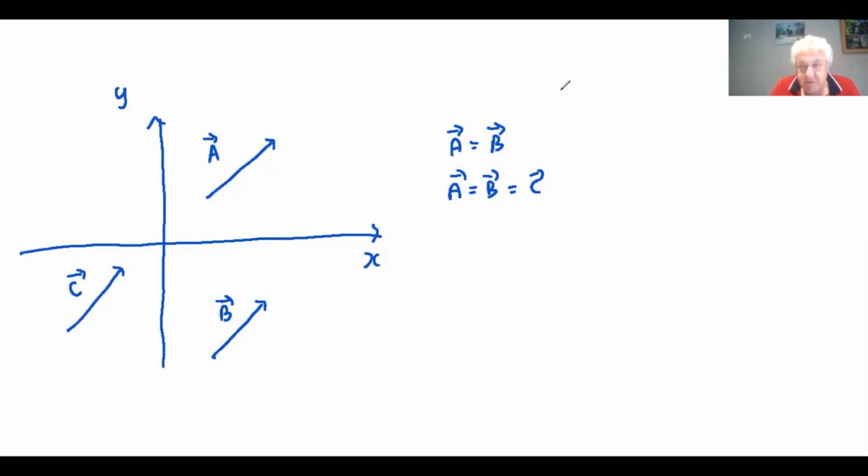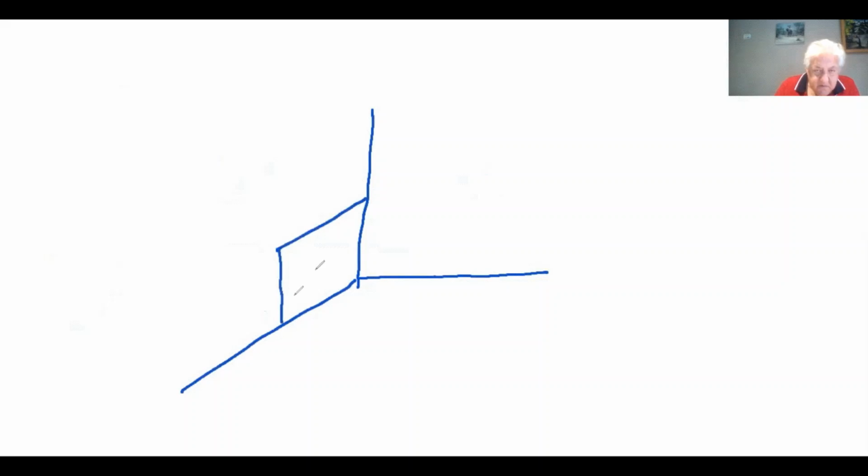While I'm on the whiteboard, I might draw you a three-dimensional vector, or how to represent it on the coordinate axes. It is always more difficult to picture or to draw three-dimensional vectors, but there are two ways you can do it. One way is if I draw a box.